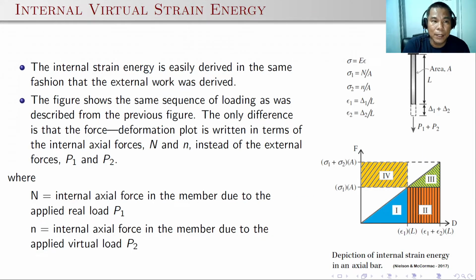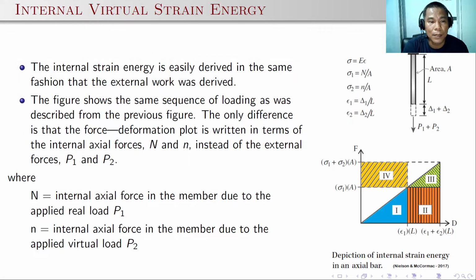So now we will derive the internal virtual strain energy using the same concept we used for the external work. The internal strain energy is easily derived in the same fashion that the external work was derived. You can see in this diagram, we have the same diagram but with different parameters. The figure shows the same sequence of loading as was described in the previous figure.